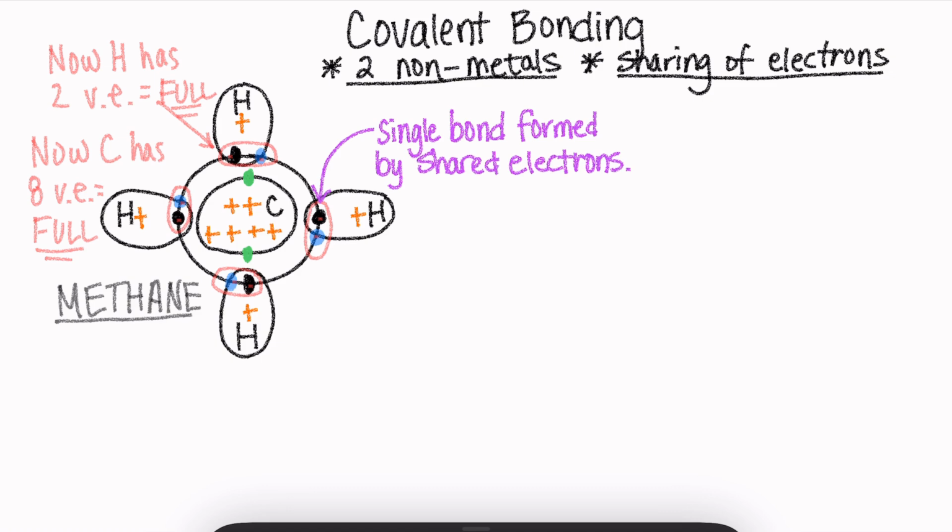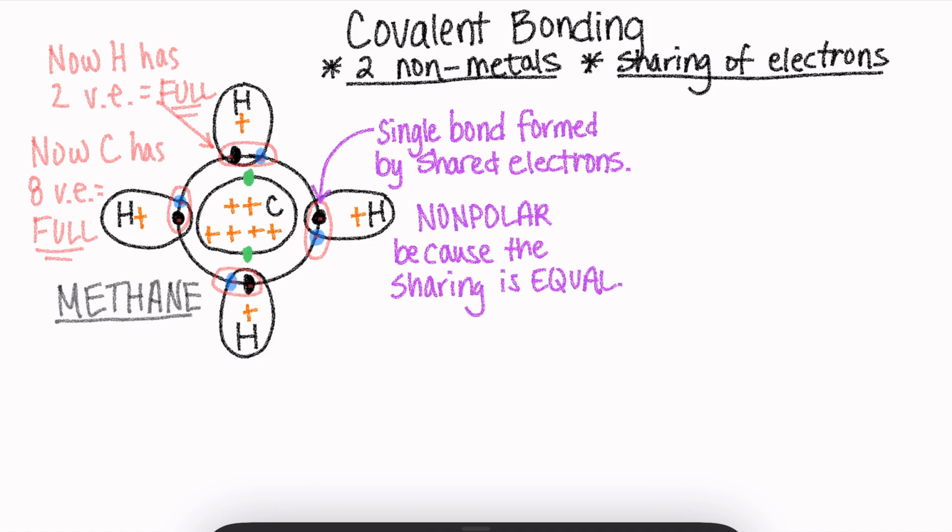Now, these are also nonpolar bonds because that sharing is equal. If, for example, the carbon were to keep the electron around it more of the time than the hydrogen got to have the electron around, then it would be an unequal sharing, and we will talk about that later.